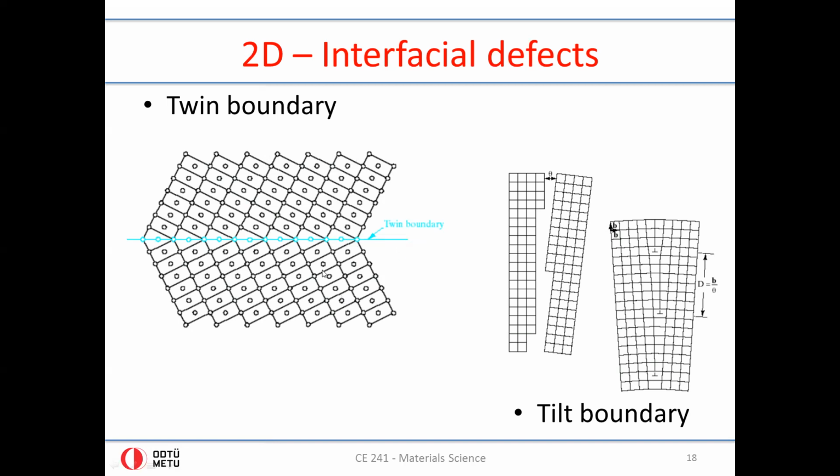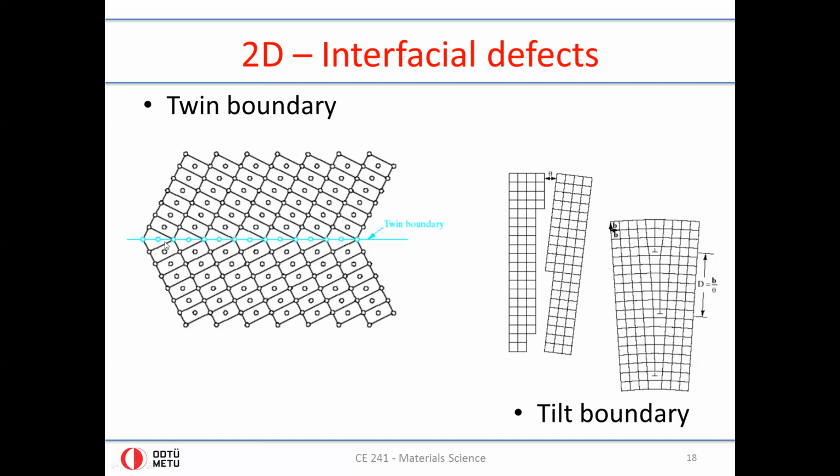And when this crystal and this crystal meet, they form a boundary. And depending on the particular properties of the boundaries, you can get different properties, and you can give different names to them.